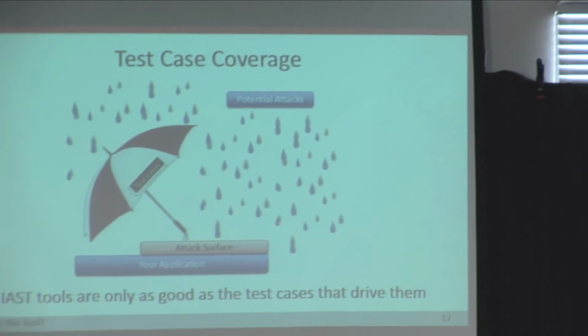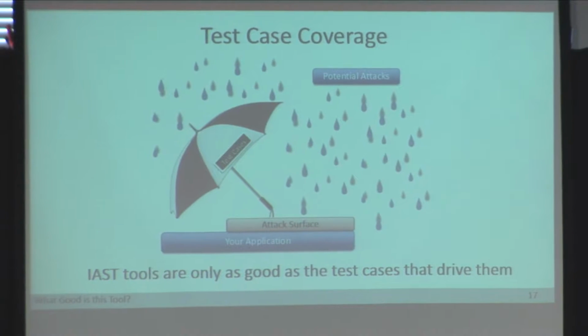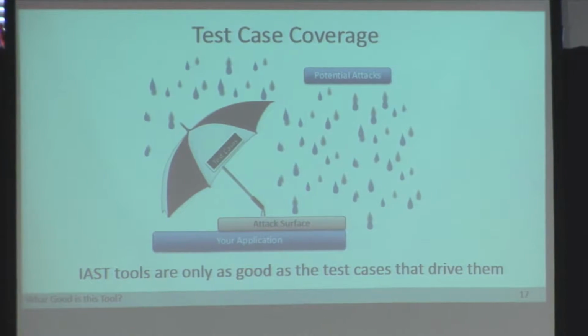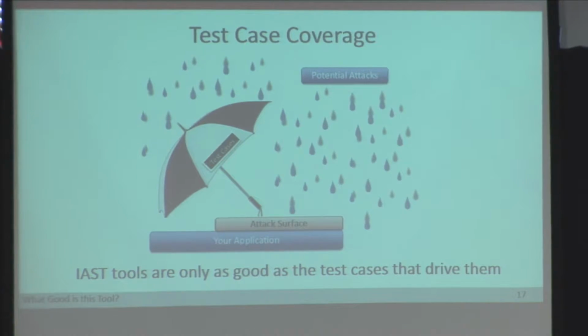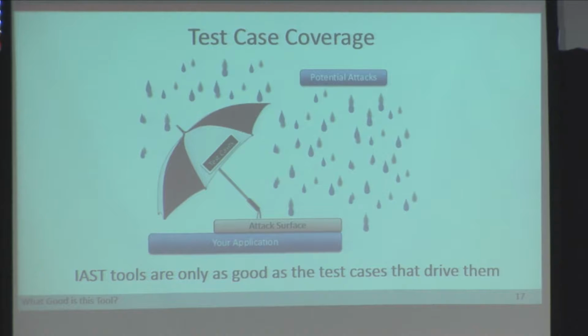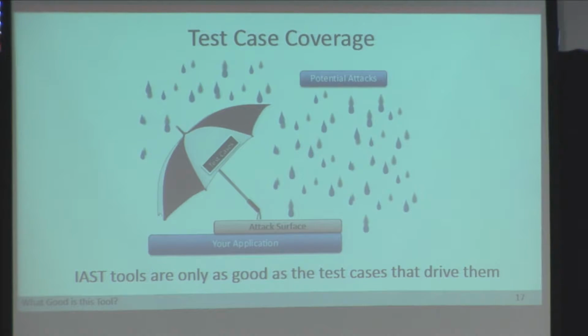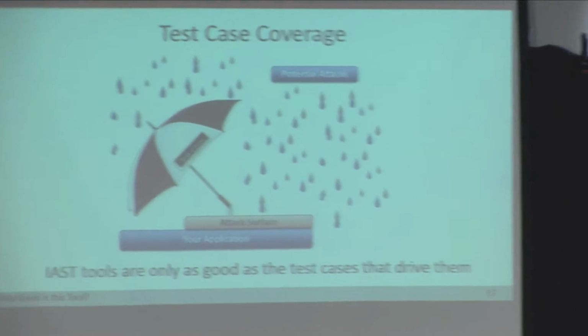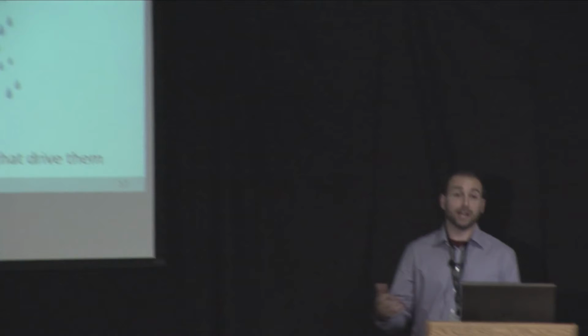Test case coverage is another one for interactive analysis. Interactive analysis is very much based on executing parts of the application, right? So if you don't execute a particular part of the application, same with dynamic analysis, then the tool doesn't know anything about that application.